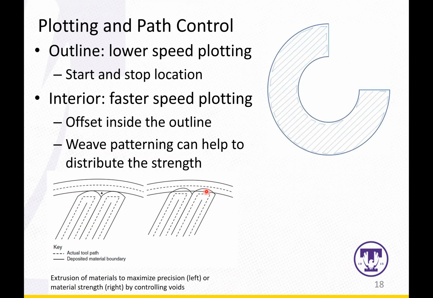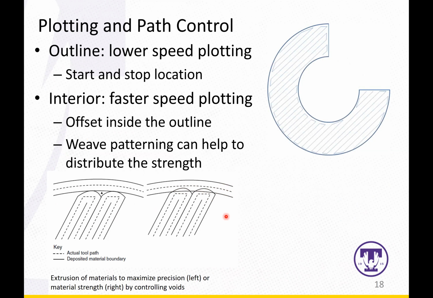So here, basically, there is some overlapping of material, and that will cause some problems, because if these two regions overlap, that means more material will be extruded there, and the thickness will be different than in other regions.